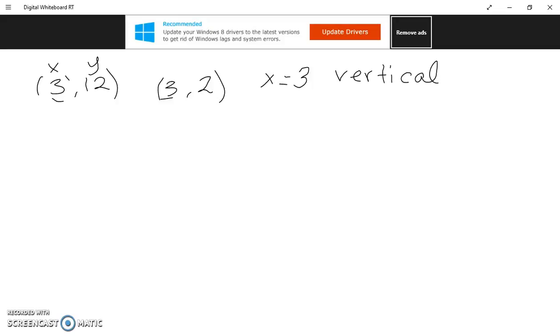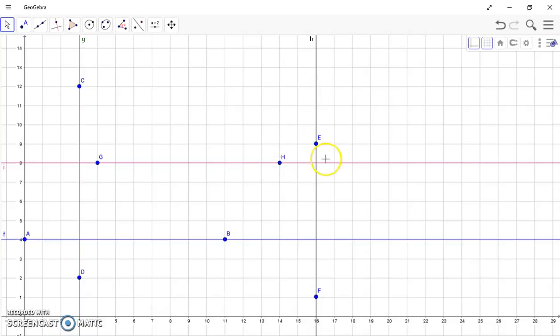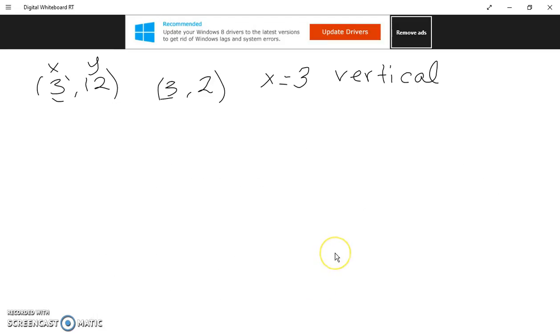Okay, let's look at our second vertical line. In this case, we have E, which is going to be over 16, up 9. So my first coordinate's going to be over here, and we've got 16, 9.